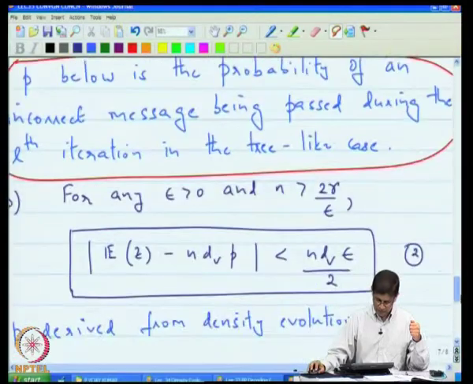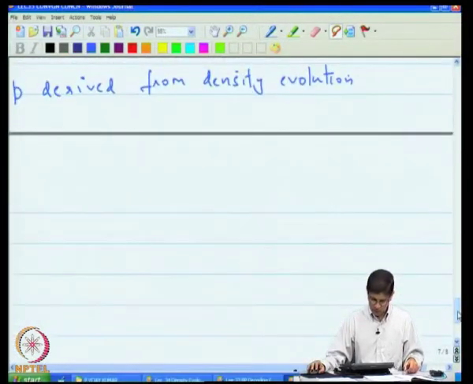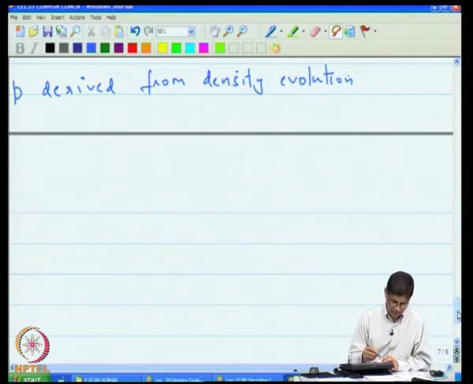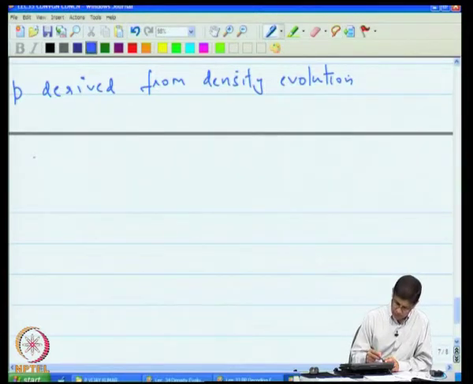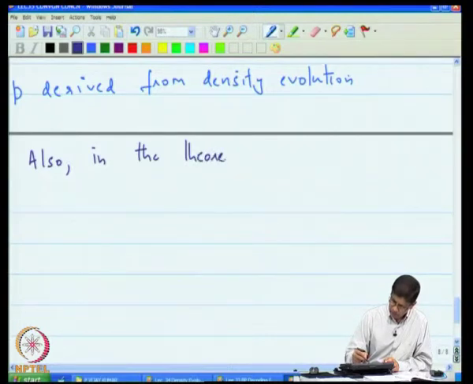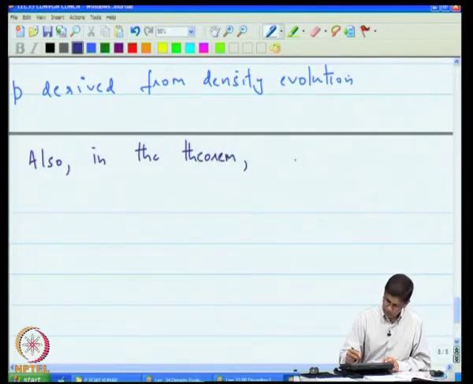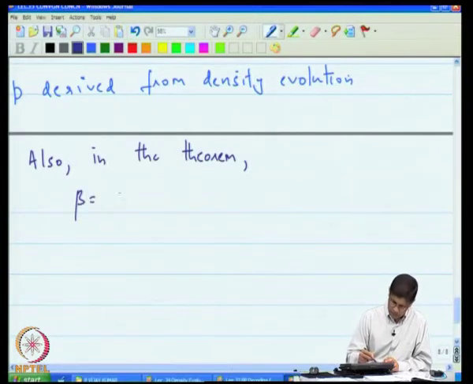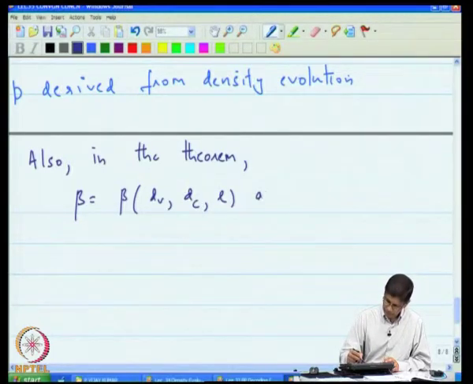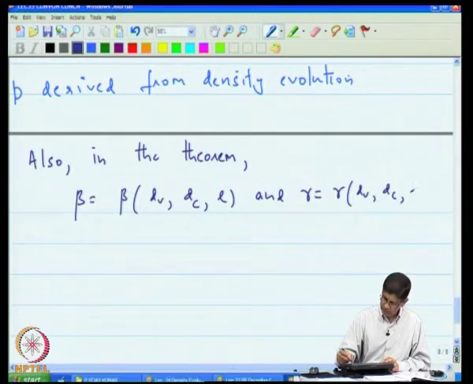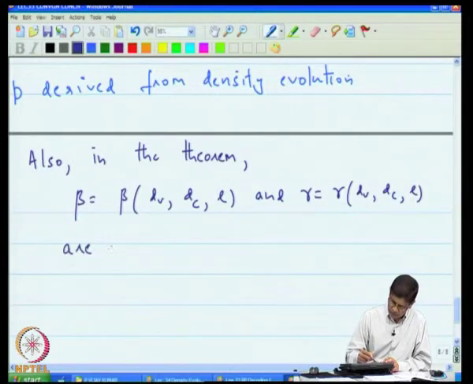So, continuing our explanations for what the various symbols in the theorem mean, finally, we have that also in the theorem, beta equals beta dV dCl and gamma equals gamma dV dCl are constants.